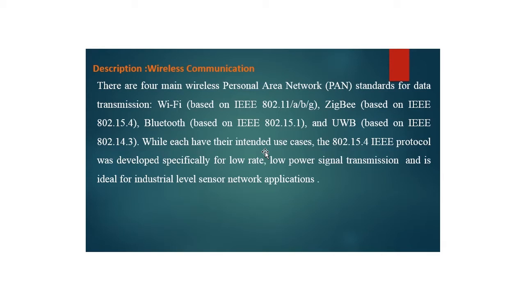Ultra wideband is based on IEEE 802.15.3. While each has its intended use cases, we will use the 802.15.4 protocol, developed specifically for low rate, low power signal transmission and ideal for industrial cyber sensor network applications.